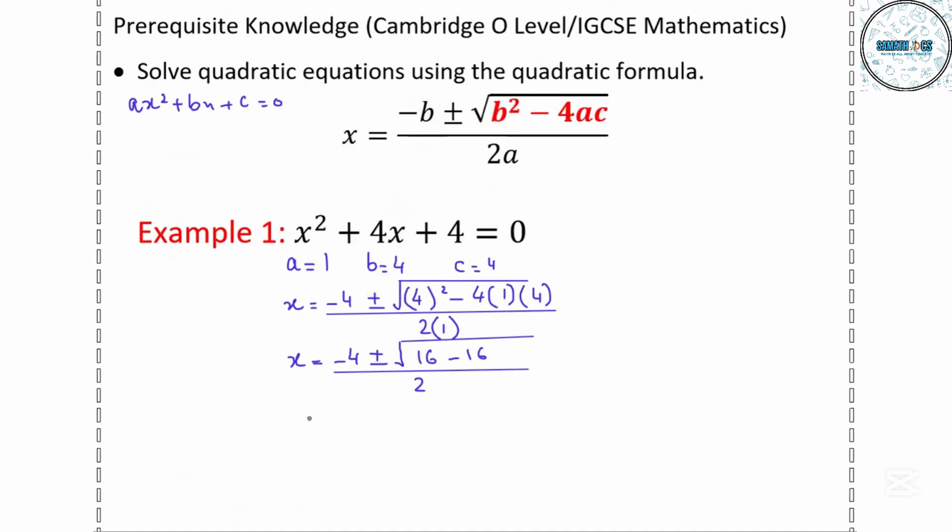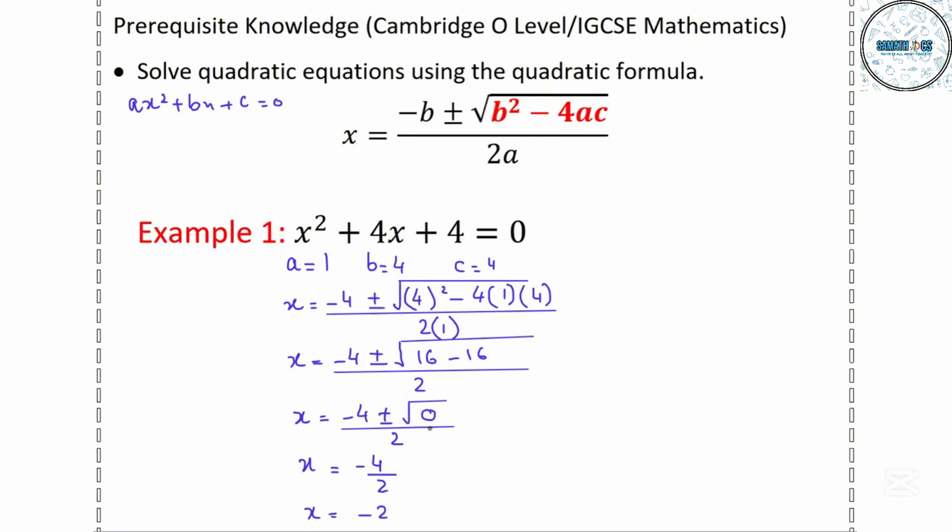Simplifying further, we get minus 4 plus minus under root 0 divided by 2. So x is equal to minus 4 upon 2, x is equal to minus 2.